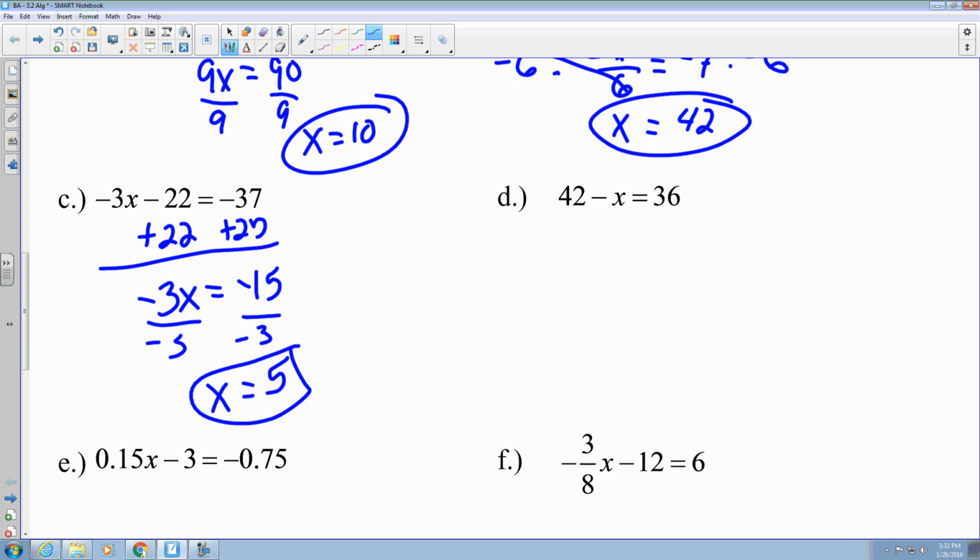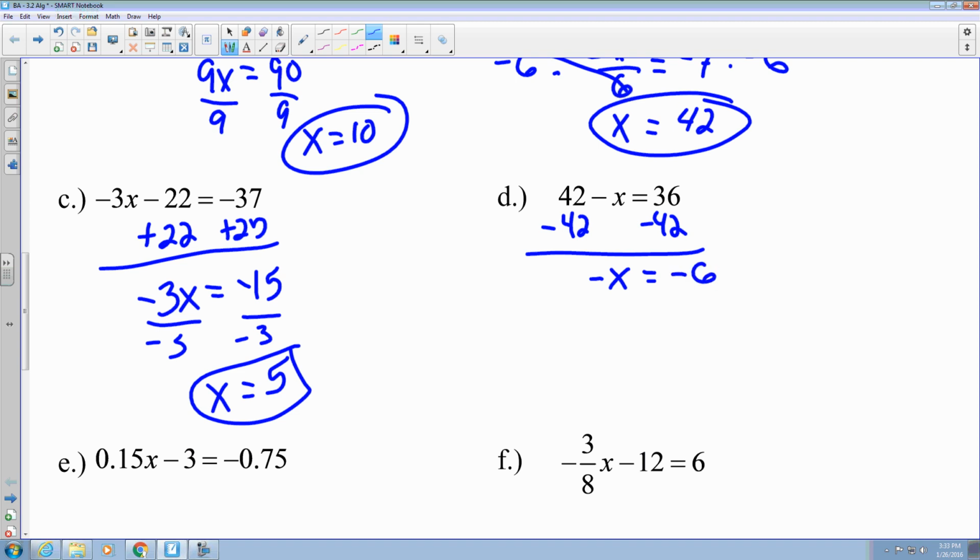Okay, looking at D, we have 42 minus x equals 36. Since there's no sign here, we assume that it's positive, so we subtract 42 from both sides. What we have left on the left-hand side is that minus x, so it's essentially negative x, and it's going to equal 36 minus 42, which gives us a negative 6.